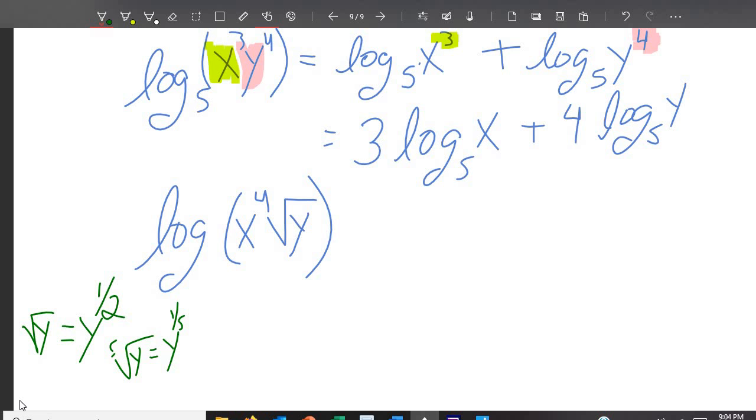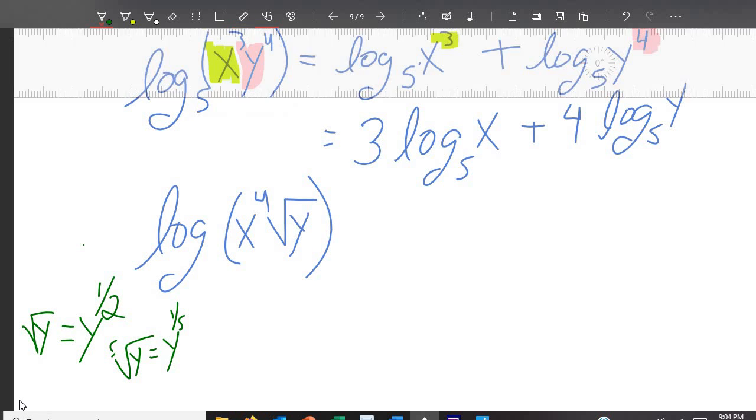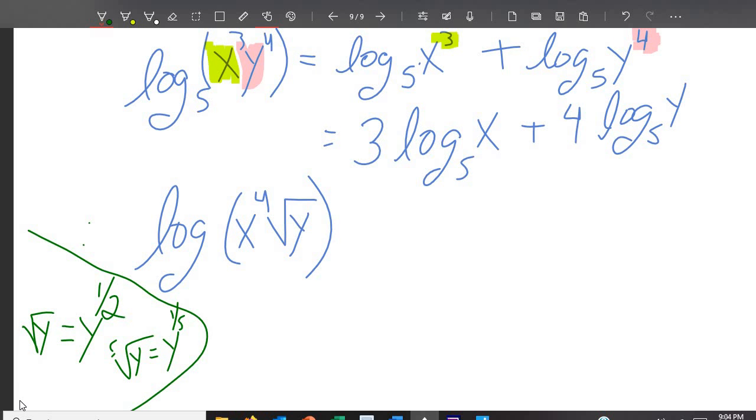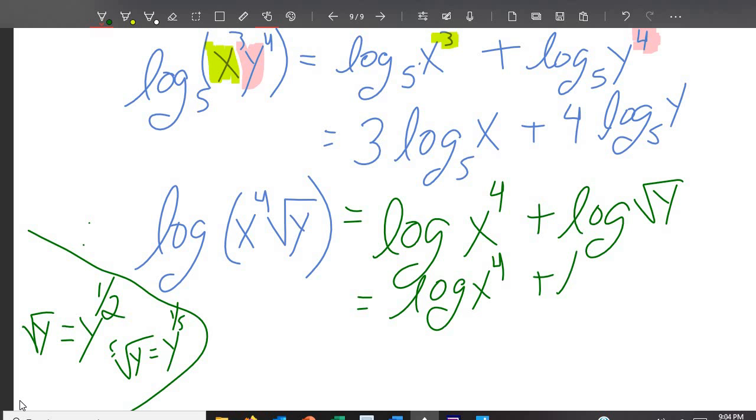So let's take this one and let's break it apart. So we're going to have log x to the 4th plus log square root of y. Change that square root into an exponent.